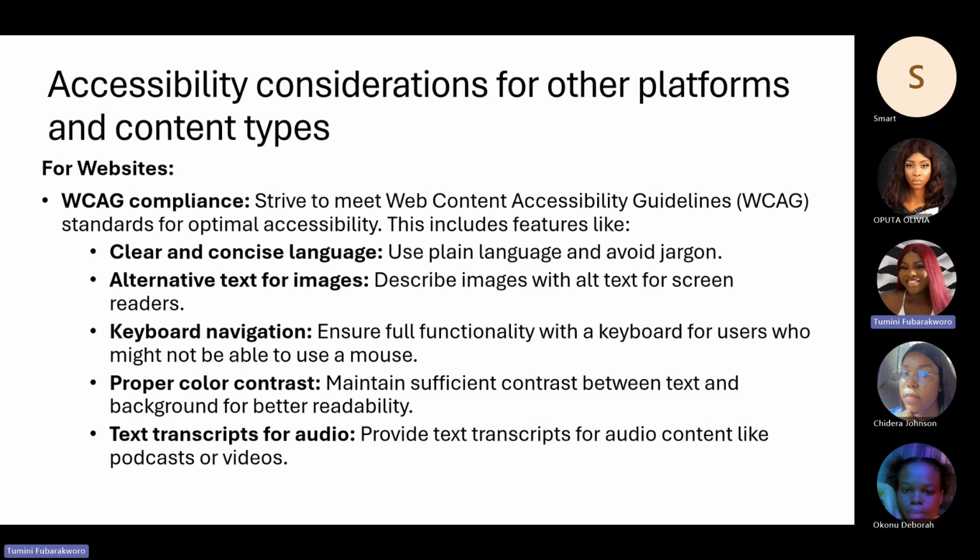Keyboard navigation, we have to ensure full functionality with a keyboard for users who might not be able to use a mouse. This keyboard navigation is very essential because if you notice, the shortcuts on different apps are different. You might go on, for instance, Figma. Some shortcuts on Figma are different from the shortcuts you can use on another design tool.